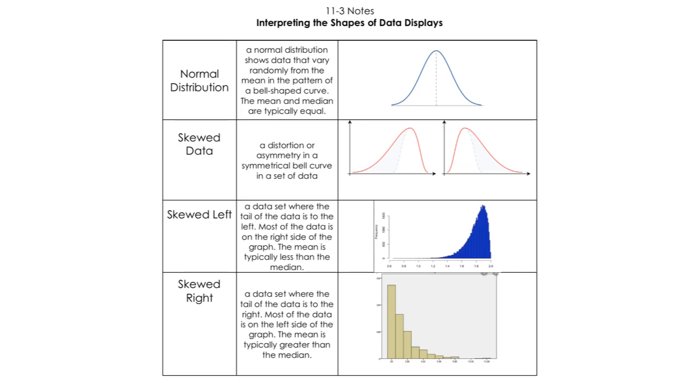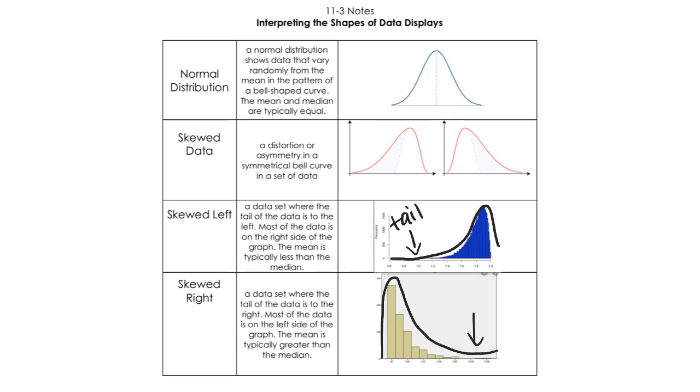And there's two different types of skews that we could have. We could have skewed left. Now, when you're looking at this, I always get it confused and I like to look at the data. But in order to find which way something is skewed, what you want to look for is what's called the tail. So where your data gets kind of really small is where your tail is at. Same thing on this other one.